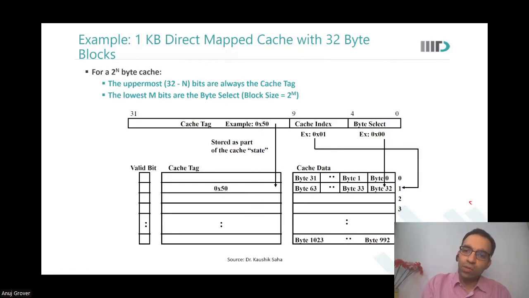So you see 5 address bits are being used to select one of the bytes in a particular block. And cache index says which block we are interested in. The cache tag stores the higher order address bits, which are used to match which physical address is being put into the cache there.